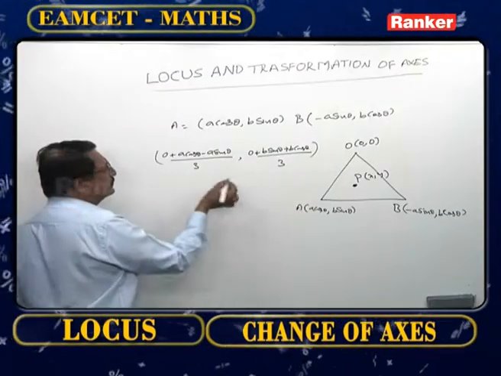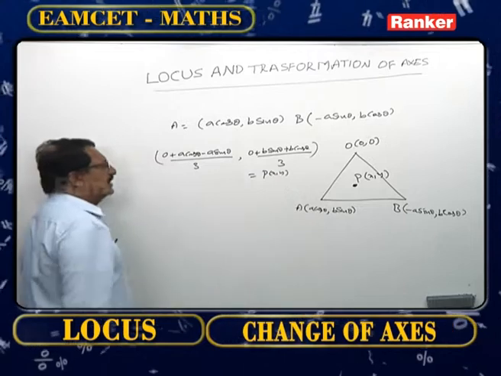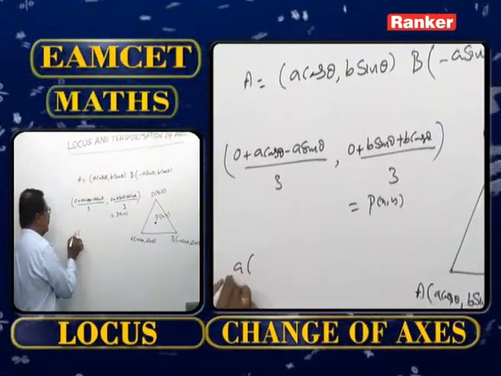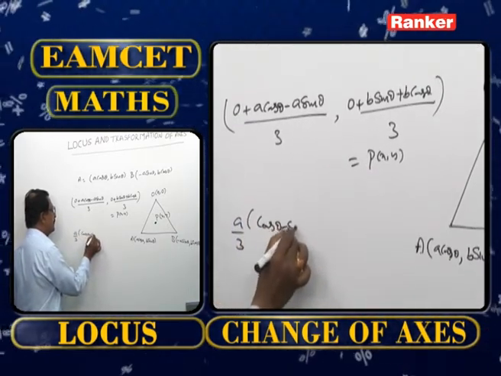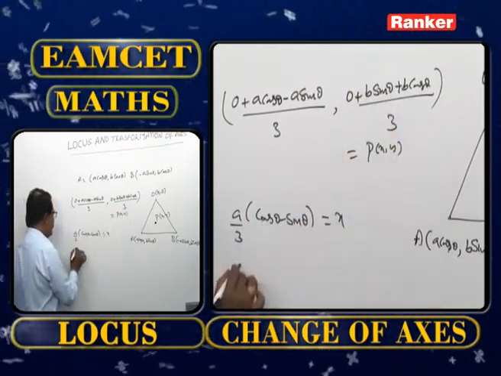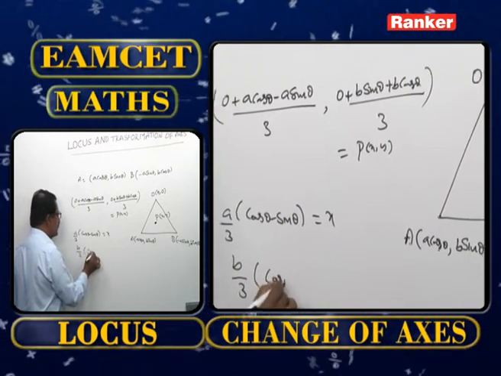That equals P(x, y). Now, equating x coordinates, we get a by 3 into (cos theta minus sin theta) equals x. Similarly, equating y coordinates, we get b by 3 into (cos theta plus sin theta) equals y.